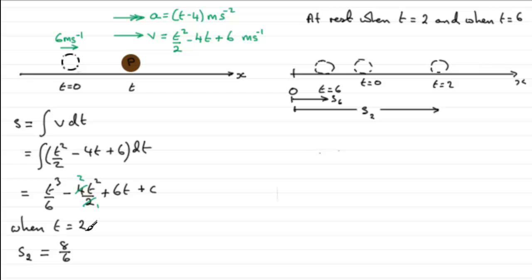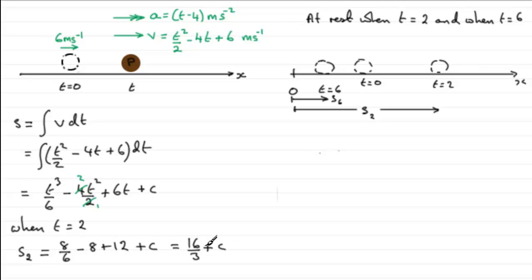So when we have t equals 2, we've got 2 squared is 4, times that 2 is 8. We've got minus 8 then. Here we've got plus 6 times 2, which is 12, and then plus the constant of integration c. So if we work this out, it comes to 16 over 3, 16 thirds plus c.